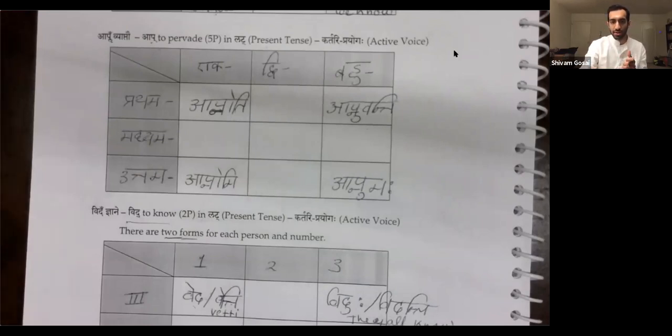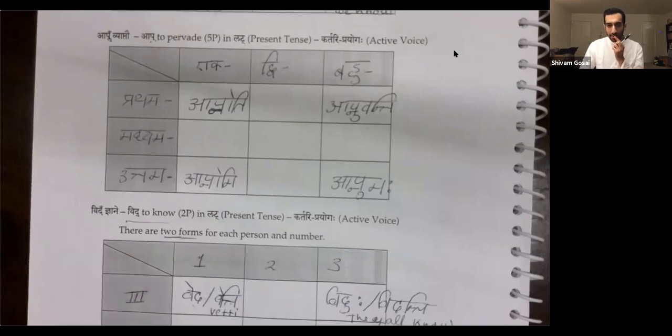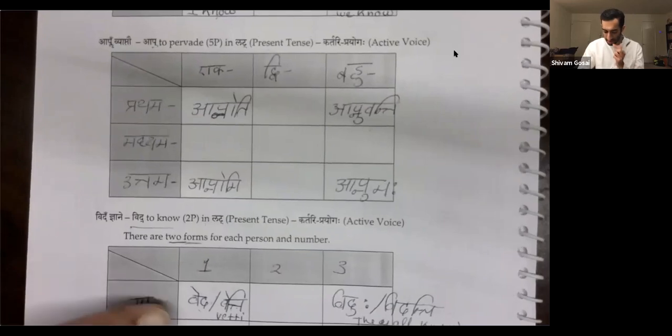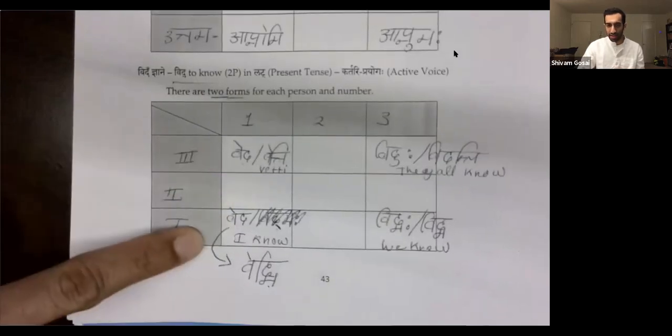There's one more question. It says, is Uttama Purusha and Pratama Purusha Ekavachanam the same for Veda? So Uttama Purusha and Pratama Purusha Ekavachanam is the same. So it says Veda or Veda, correct. So they're the same thing, Veda or Veda.